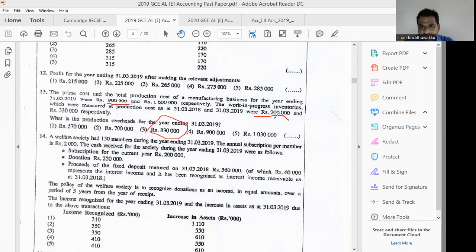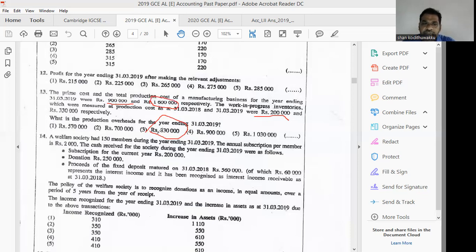Then 19 lakhs 30,000 minus closing WIP 330,000 will be equal to 16 lakhs. That is the total cost of production given in the question. Now our answer is correct.